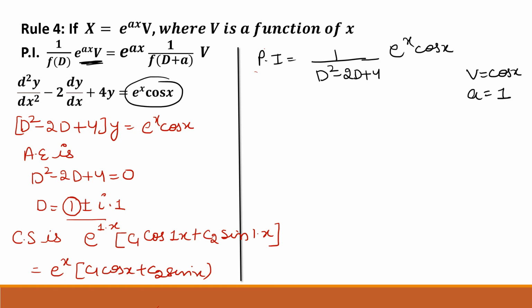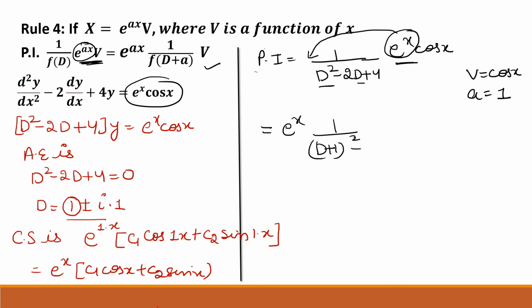According to this formula, we need to increment D by 1, and we will shift e power x to the left hand side. So this will be e power x times 1 over (D plus 1) whole square minus 2(D plus 1) plus 4, operating on cos x.